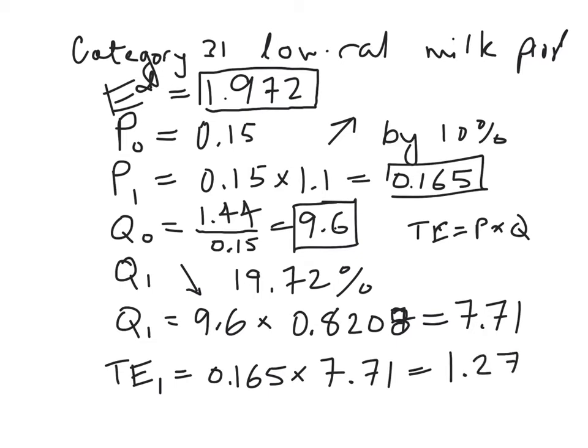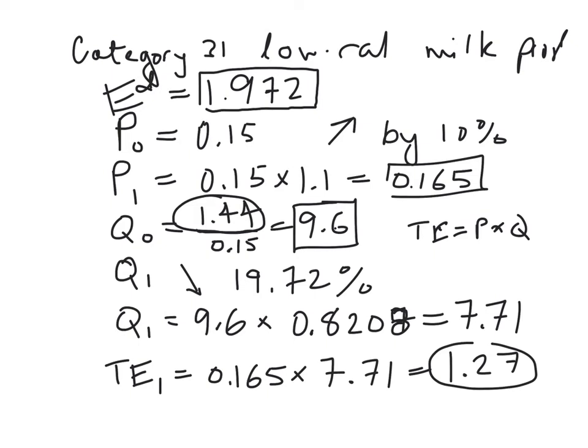And notice that the initial expenditure was 1.44, now it's 1.27. Expenditure has fallen. When demand is price elastic, the revenue or expenditure effect follows the quantity effect, which is proportionally bigger.